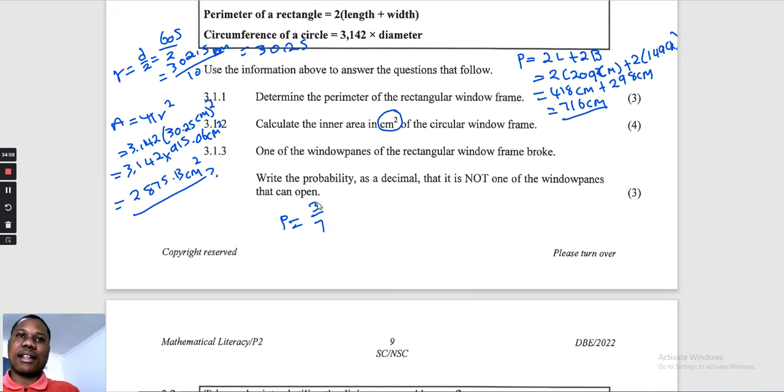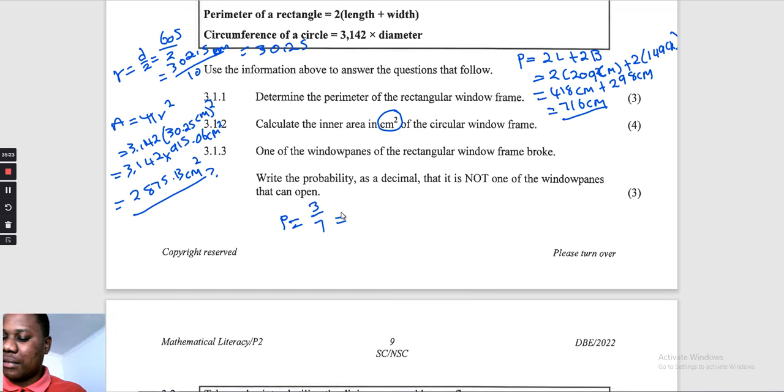We have 3 chances of finding out that the window is the one that cannot open. They say we must write it as a decimal.